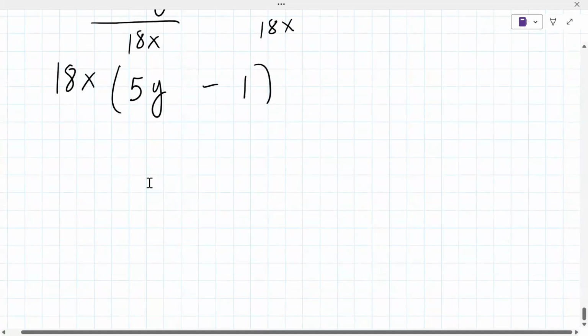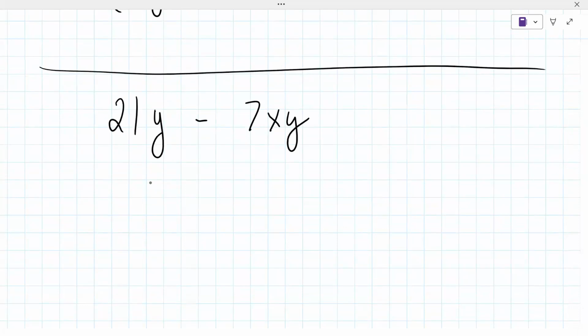Okay. Let's try another one here. 21y minus 7xy. It would be 7 on the outside, and then the GCF can be a variable. The GCF can be a variable though.